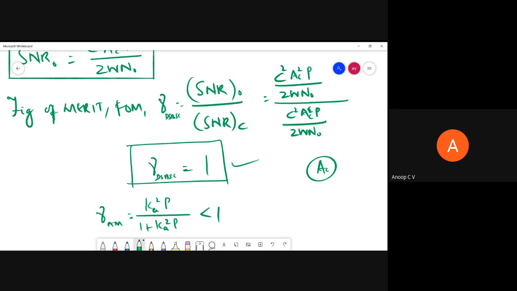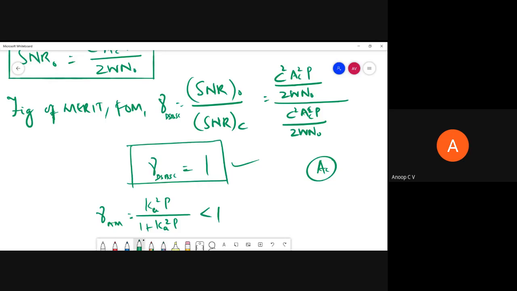The only advantage of transmitting the carrier along with the modulated upper and lower side bands is that the receiver and transmitter complexity will be less, but the carrier as such does not carry any information.